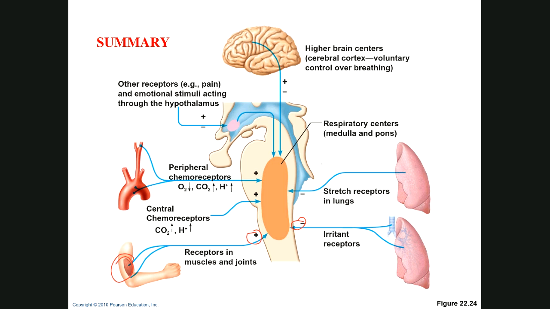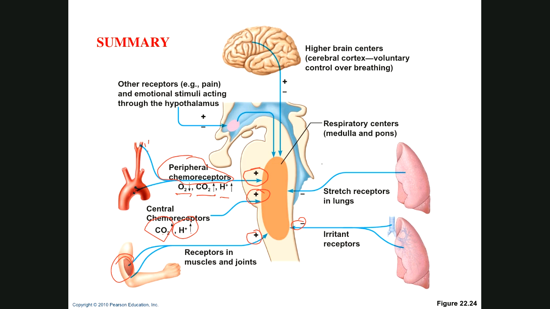The peripheral receptors in the aortic bodies and carotid bodies are going to respond to high CO2, high hydrogen ion concentration, which means low pH, and low oxygen by increasing the breathing rate. The chemoreceptors in the brain only respond to CO2 and hydrogen ion concentration. High CO2, low pH, again, increases respiratory rate.